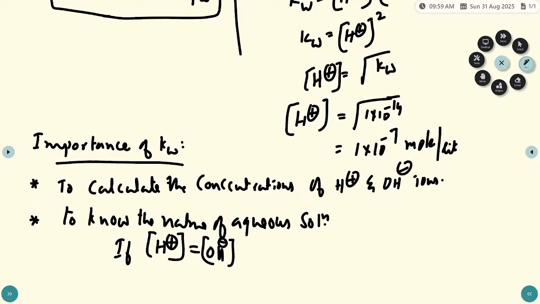Both are the same, so acidity and basicity are equal. So if H plus ion concentration is equal to OH minus ion concentration, then the aqueous solution is neutral.